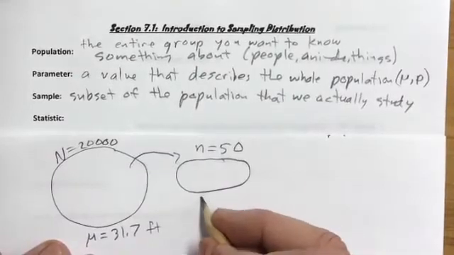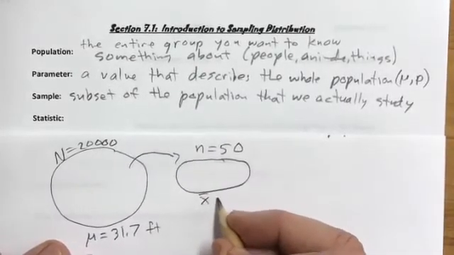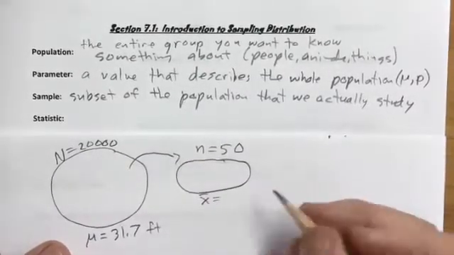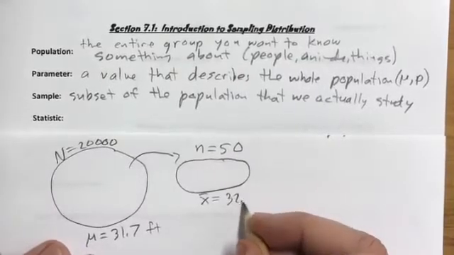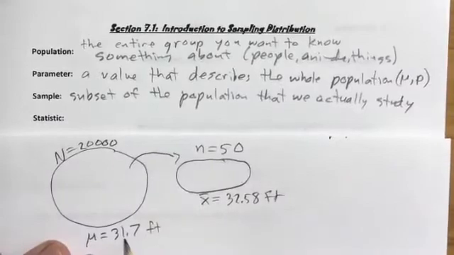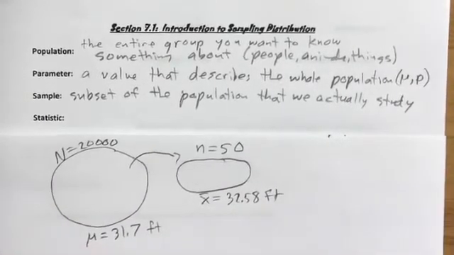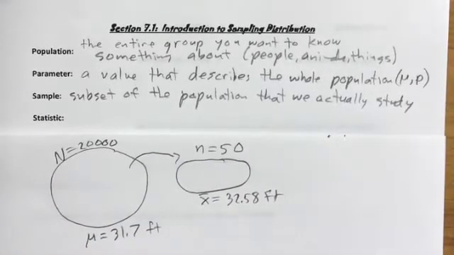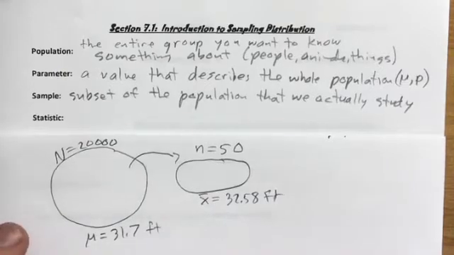We measure the heights of those 50 trees and average them. Let's pretend the sample mean is 32.58. We don't expect it to exactly equal mu just because of random chance, or what we call sampling variability, even though we've gotten a good random sample. And so that's what a sample is.